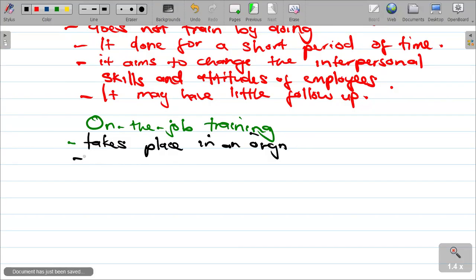And also, it's concentrated on the individual, not the group.